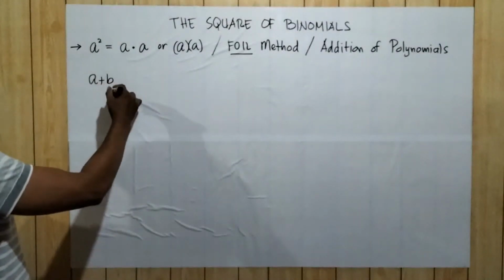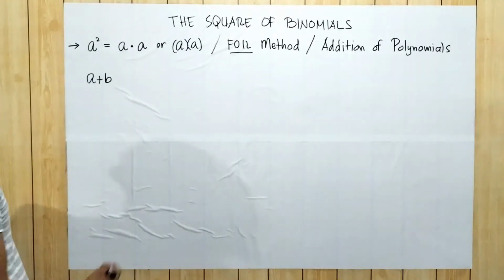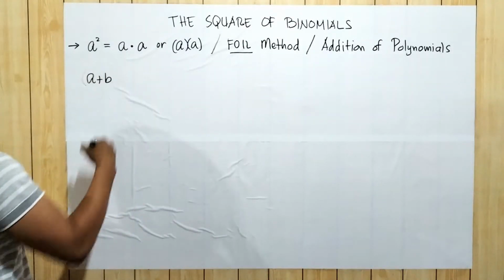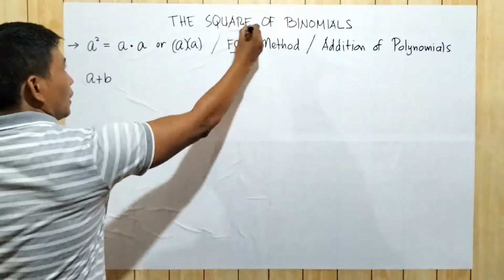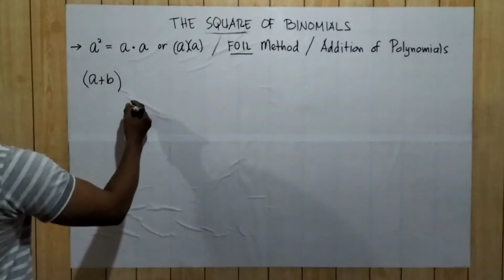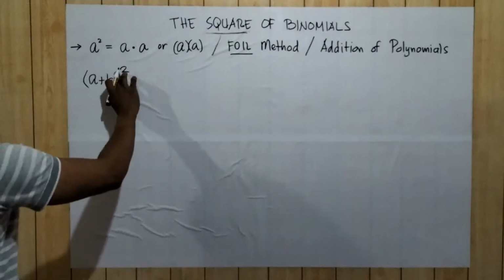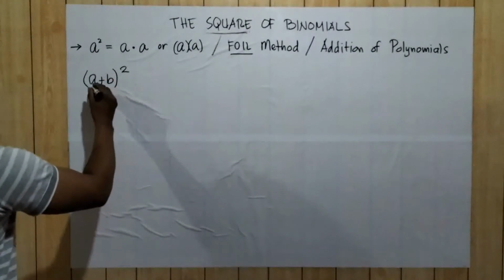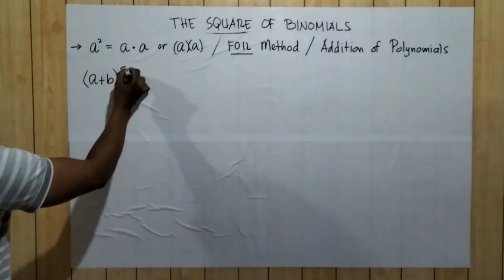Alright. So, balik po tayo dito sa ating binomial na gagamitin. Dahil meron po tayong binomial, and we are talking about square, meron po tayong a plus b. I-square lang po natin yan. So, yan po ang ating square of binomial. Ito po yung binomial natin, ito po yung square sign.